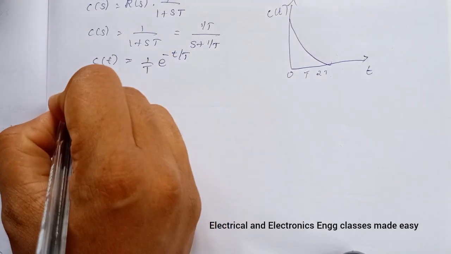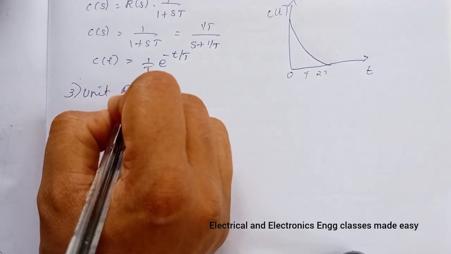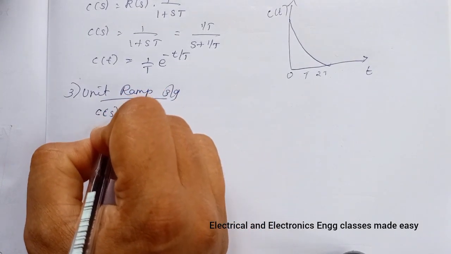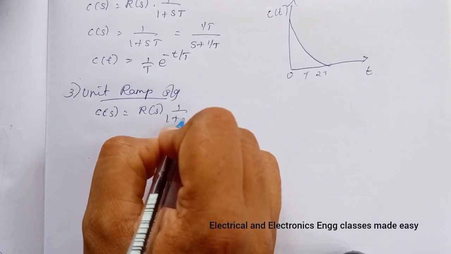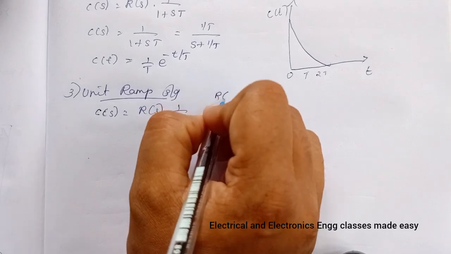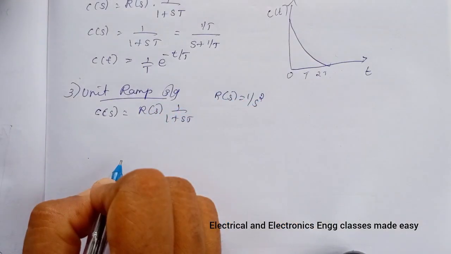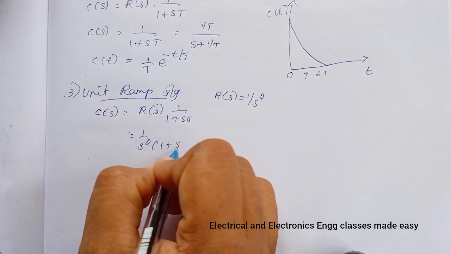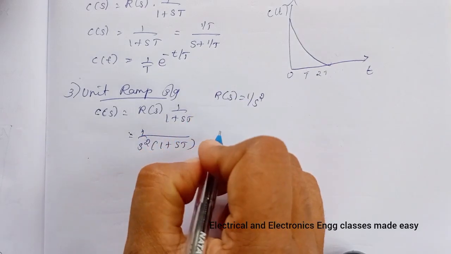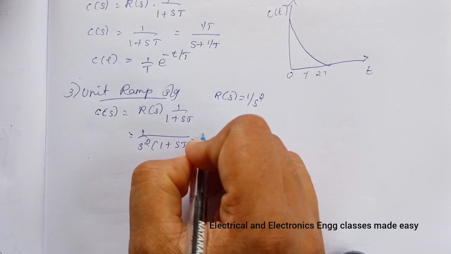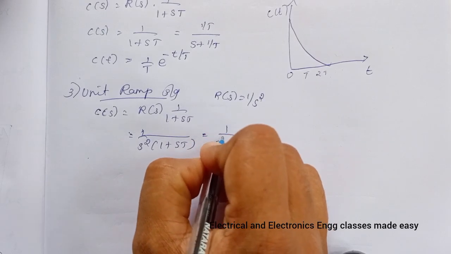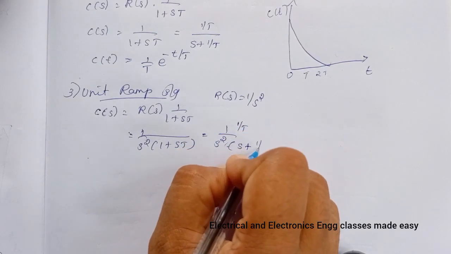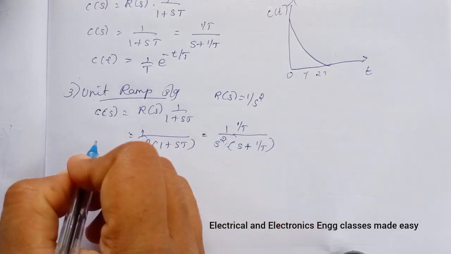Now for the unit ramp signal, C of s is equal to R of s into 1 divided by 1 plus sT, and for the unit ramp signal R of s equal to 1 divided by s square. So after substituting, we can write 1 divided by s square into 1 by T, then s plus 1 by T, and use partial fraction.